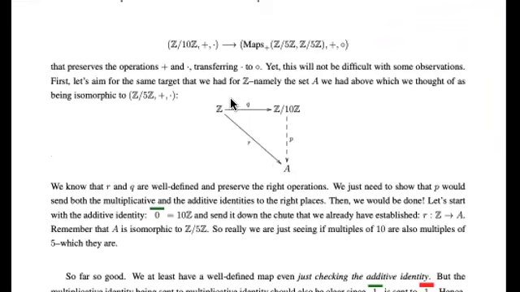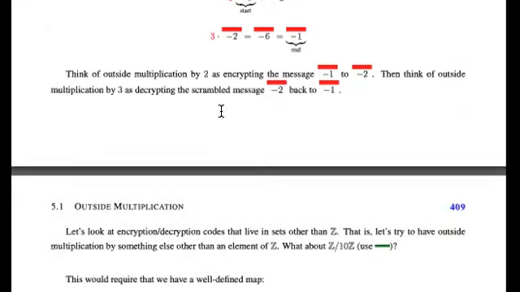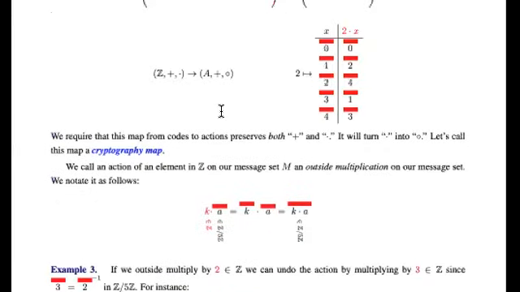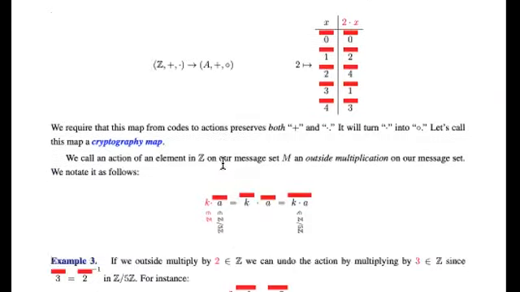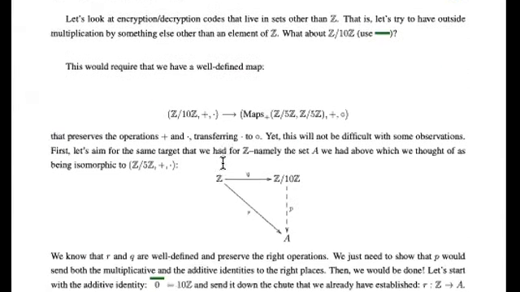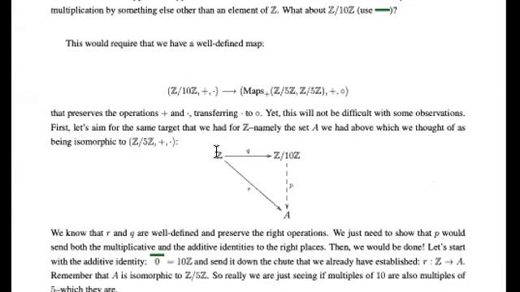So we have a map that sends quite literally this one that we notated right here. We have this map, that's our R. And we would like to know, do we get an outside multiplication map that goes from here to here? Can we outside multiply by elements of Z mod 10Z?